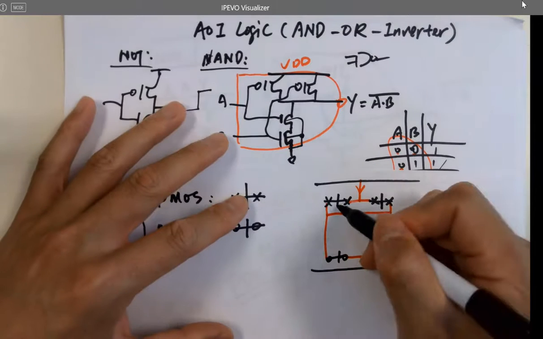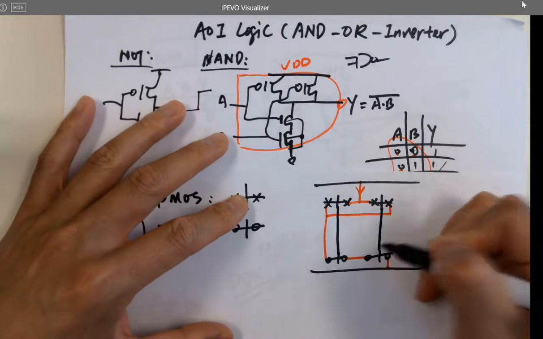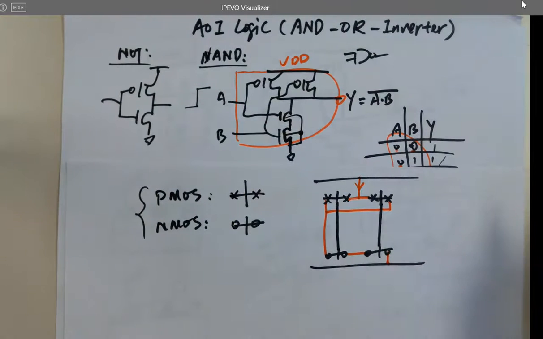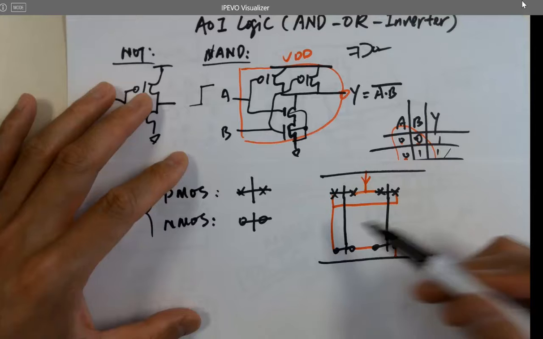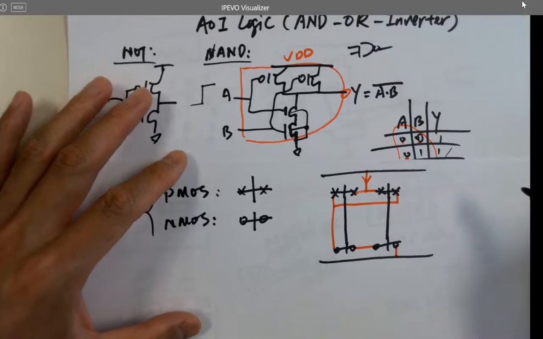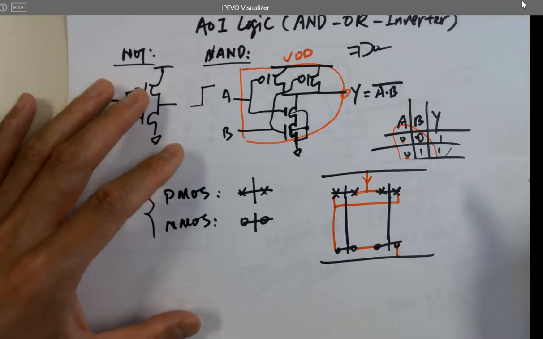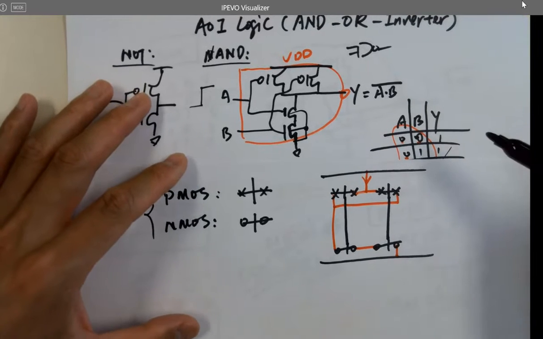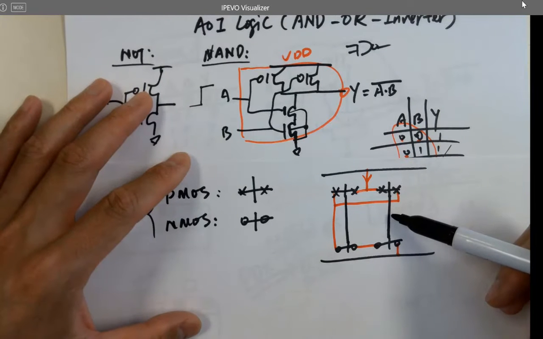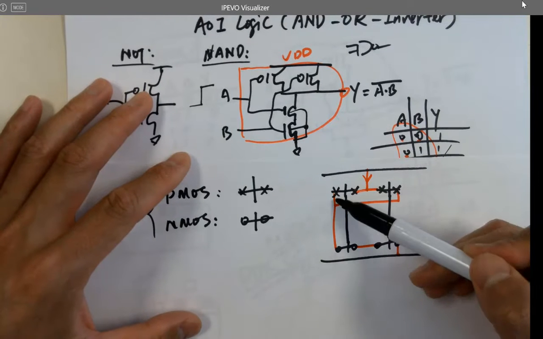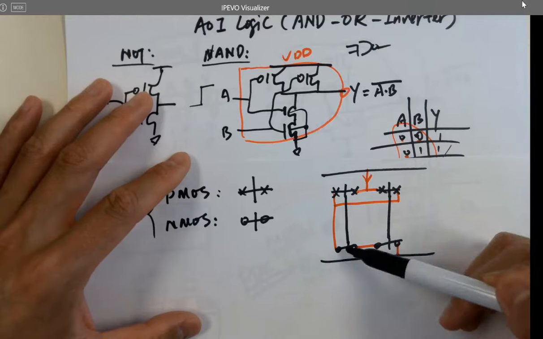Oh, you want to go up to metal one? Okay, does this make sense? I don't have too many colors here, but now you know that these are polysilicon. What about these ones? Metal one, right?